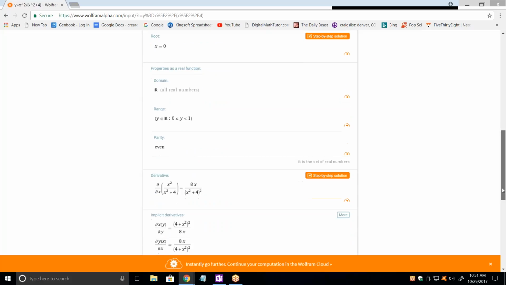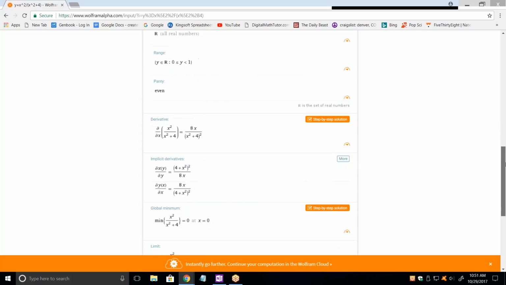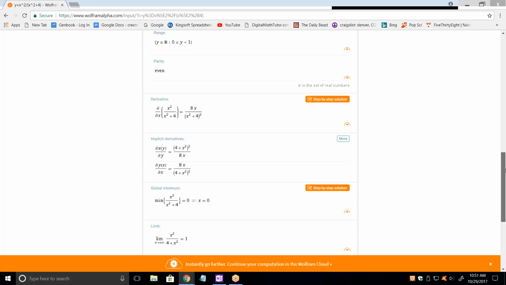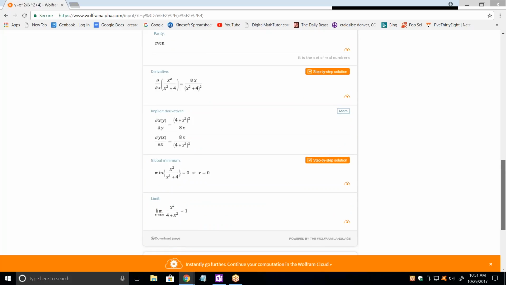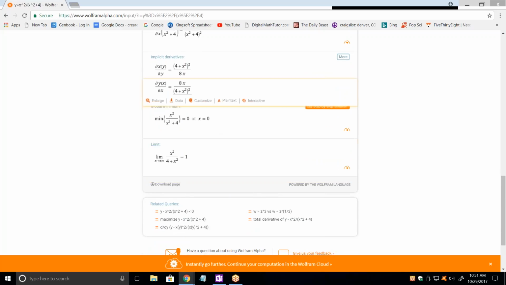Gives you the range, tells you it's even, it's not odd, gives you the first derivative, gives you implicit derivative. Have you gotten to implicit differentiation yet? Yeah. Okay, so it gives you implicit derivatives, and it gives you limits as x goes to plus or minus infinity. So Wolfram Alpha gives you a lot of cool stuff.